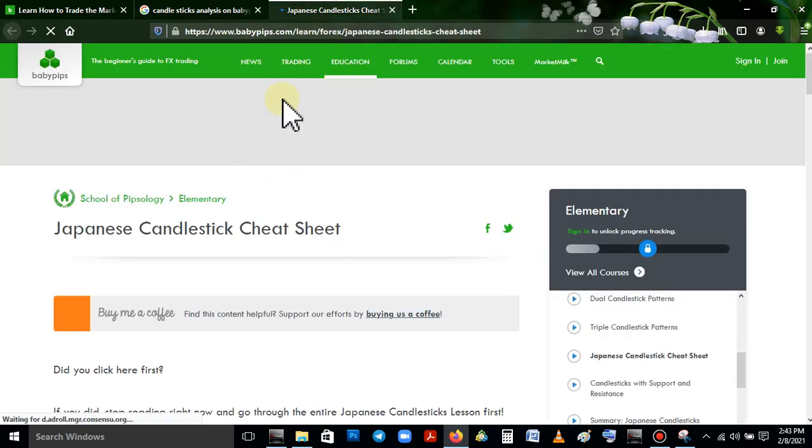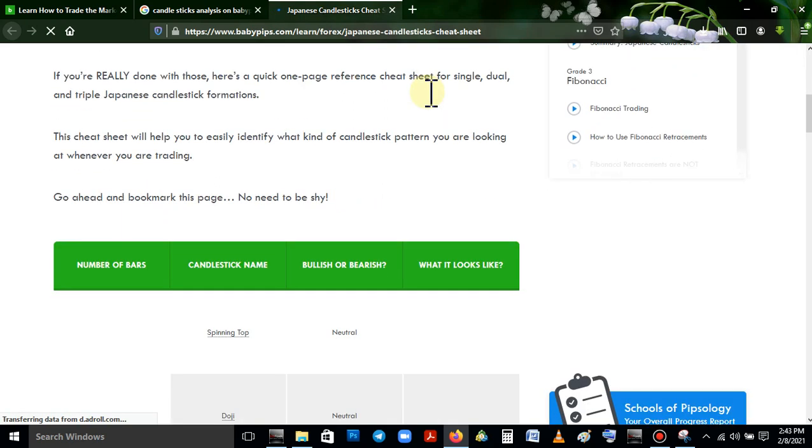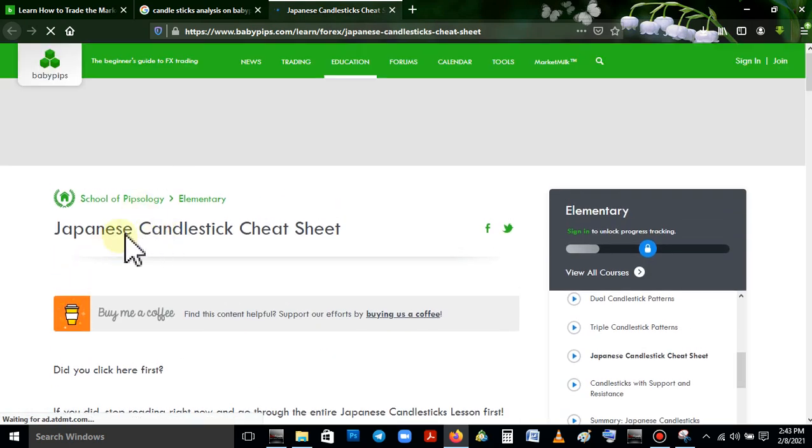Alright, so if you can see the way, just type on Google, okay, and come here, then learn exactly what these candlesticks are. So the topic is Japanese Candlesticks, School of Pipsology, and then come to elementary. That's where you find Japanese candlesticks.